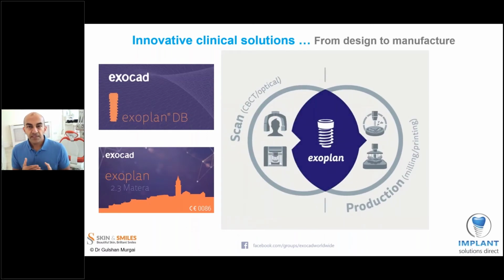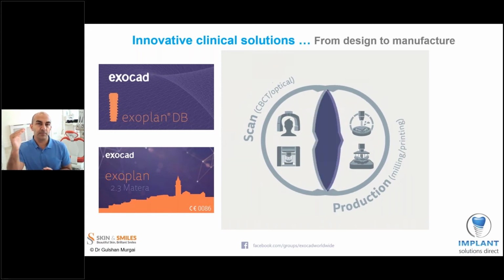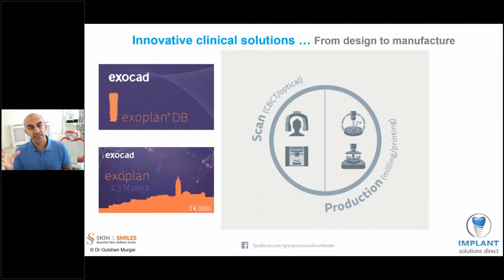So all of the different exocad software platforms come in 2 split versions. So here we have exoplan DB and we have exoplan the design software. So DB in each instance stands for database. It's very important that exocad knows what you're trying to do with the software and also what level of information you're going to give it. So whether it's a single arch, whether it's upper and lower, whether you're putting in pre-op scans, whether it's a single or a multiple restoration.